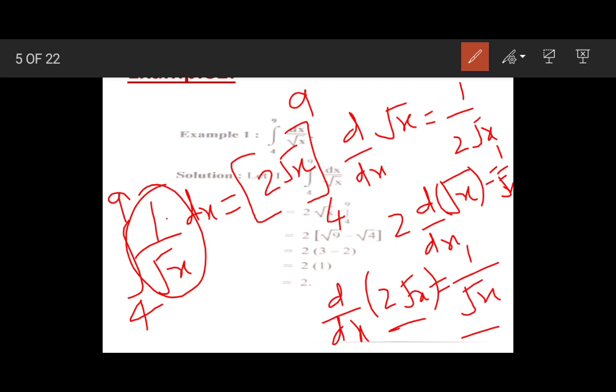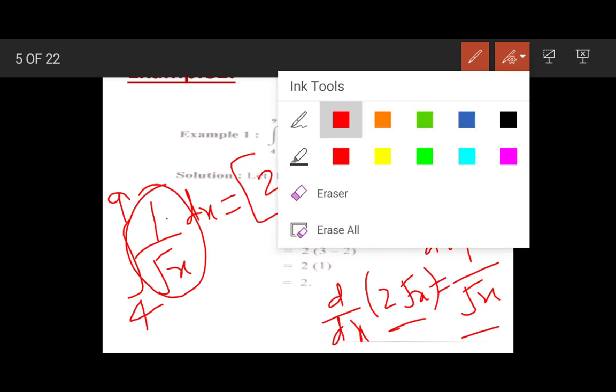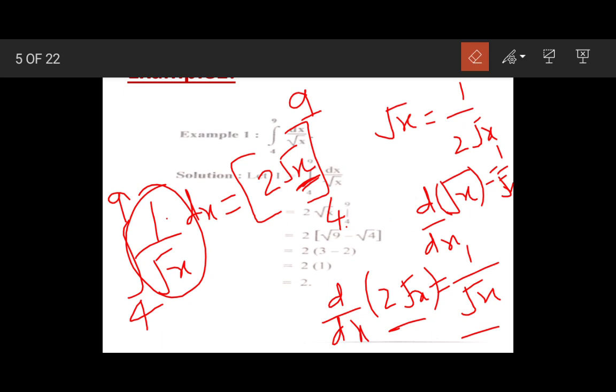So now I am going to substitute x as the upper limit, minus x as the lower limit.